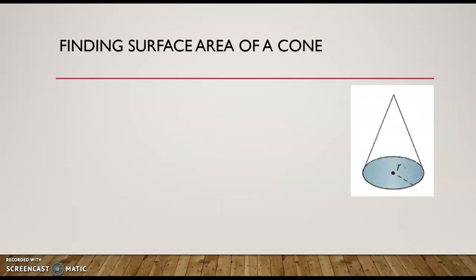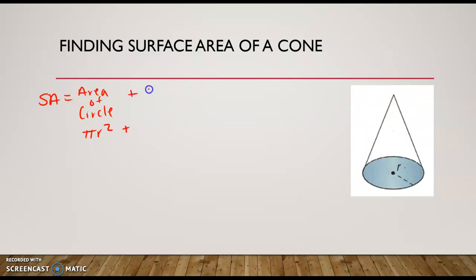How do we find the surface area of a cone? Well, in order to find the surface area of a cone, remember we need to add up all the different sides of the cone. So we would have the circular base, so that would be the area of the circle, otherwise known as pi r squared, plus our lateral area, because there's nothing else, it's just the circle and the lateral area.